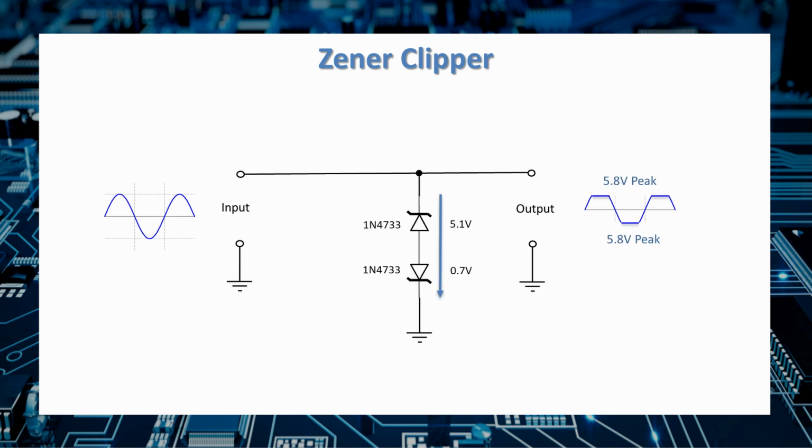Here's another clipping example where we've put two Zener diodes back to back so that we can clip the top and bottom off of a sine wave. Notice that the output voltage reaches 5.8 peak and not 5.1 peak. You've got to remember the 0.7 volt forward voltage drop on the second diode. Those two voltage drops will add up, and it'll clip it at 5.8 on both the positive and the negative peaks.